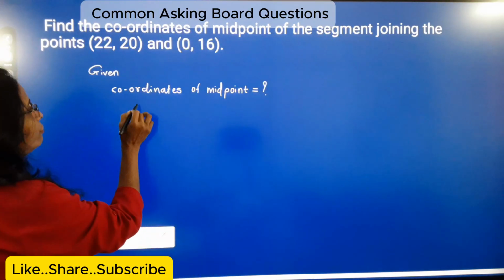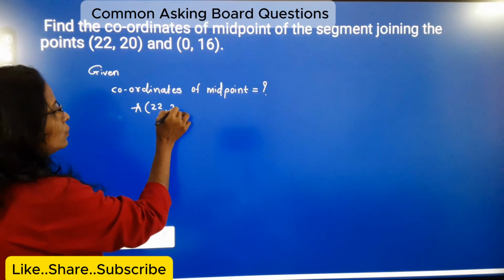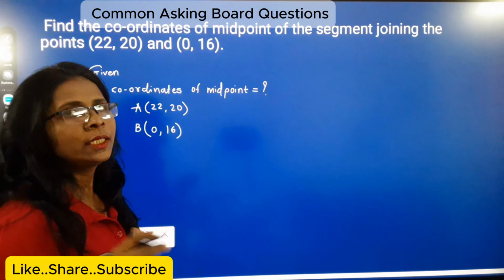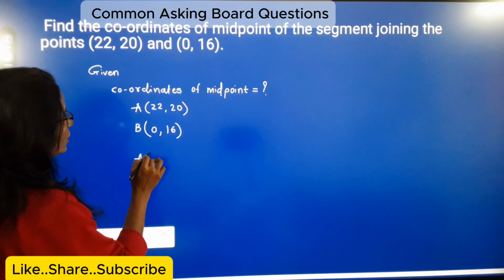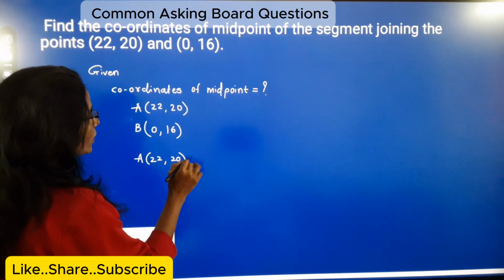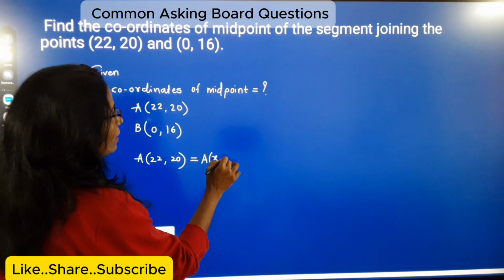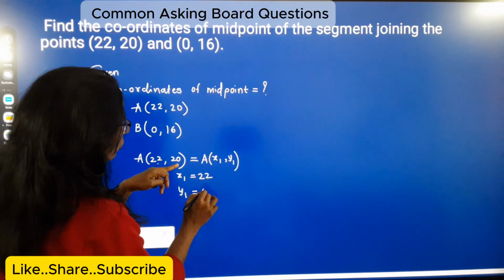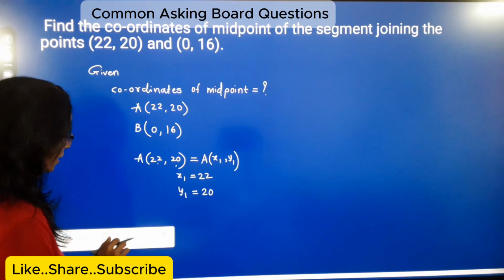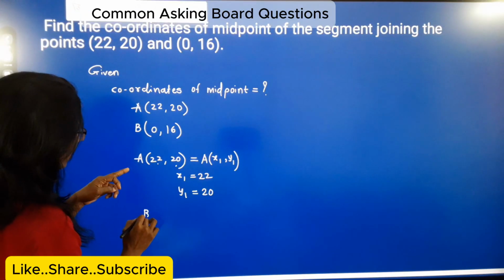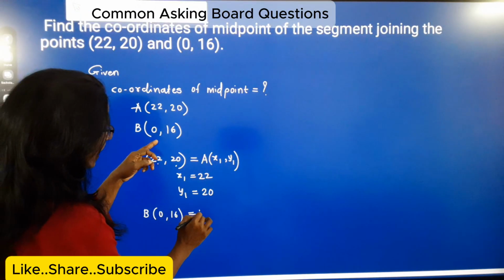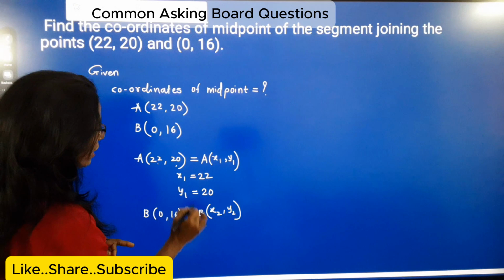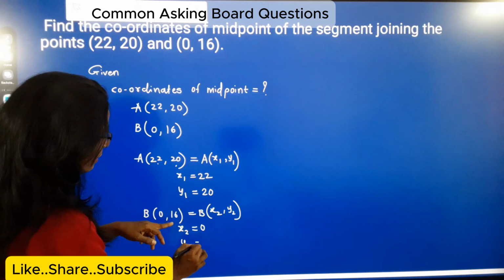The first point, consider A (22, 20), and the second point B (0, 16). Consider the first point A as (x1, y1), that means x1 is equal to 22 and y1 is equal to 20. Then consider B (0, 16) as (x2, y2), that means x2 is equal to 0 and y2 is equal to 16.